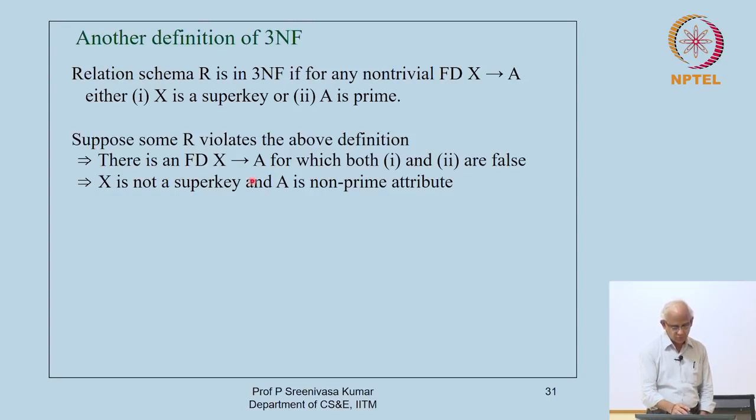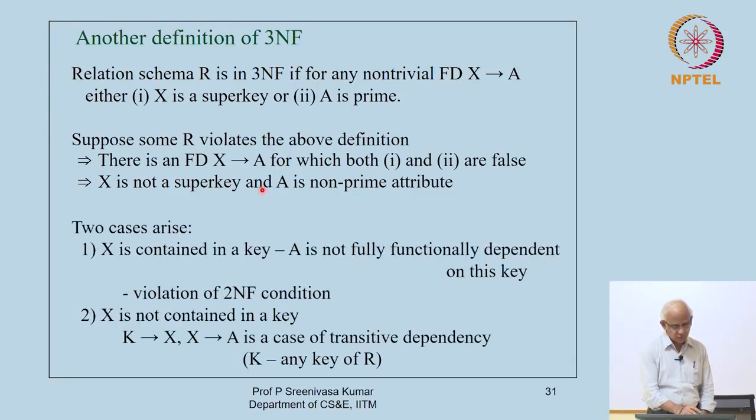Now, if you observe this situation carefully, two cases might arise. If you focus on x, the left hand side of this functional dependency, either x is contained in a key, or x is not contained in a key. These are disjoint cases. Let us look at each of these cases. Suppose x is contained in a key.